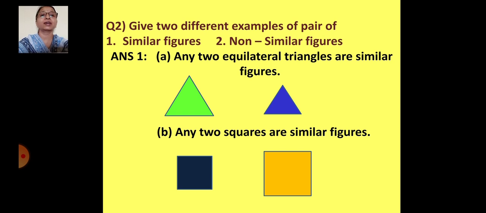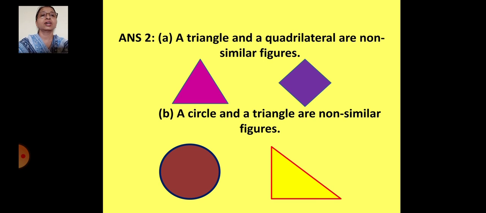Isn't it? From the diagram you can make out. Now next we will give two examples of non-similar figures. So here are non-similar figures. A triangle and a quadrilateral are non-similar figures, right? Neither their sides are in proportion nor their angles are equal. And the second example, a circle and a triangle are examples of non-similar figures. So this is very simple.